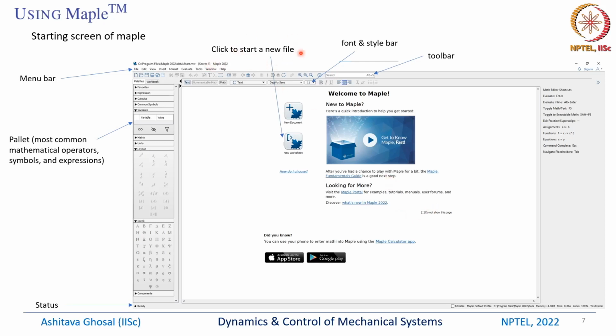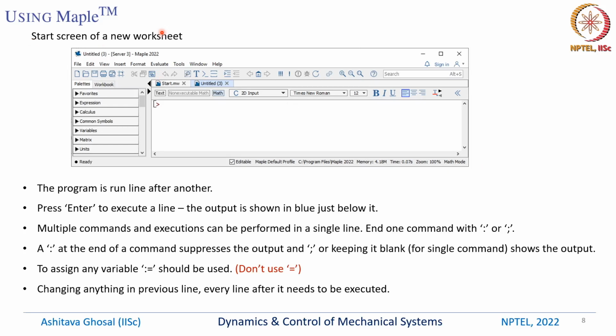You can also click some start button to start a new file. There are many others, help files, which are also available. So the start screen of a new workspace looks like this. You have some favorite expressions, calculus, and so on. And when you start it, you will get a prompt which looks like this. In Maple, the program is run line after another.